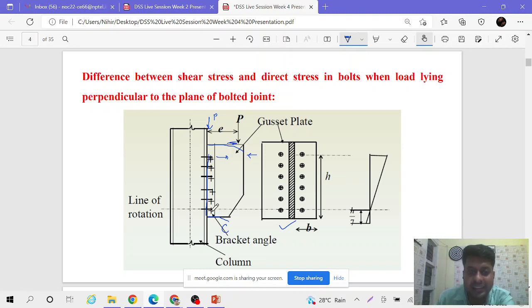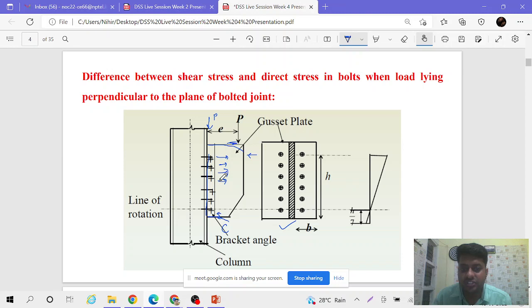So in the compression zone, you can neglect the bolts, but for the tension zone, you have to consider tension in all of these bolts. Direct stress will generate in these bolts like this, and below this neutral axis, where the line of rotation has been shown, compression will generate.